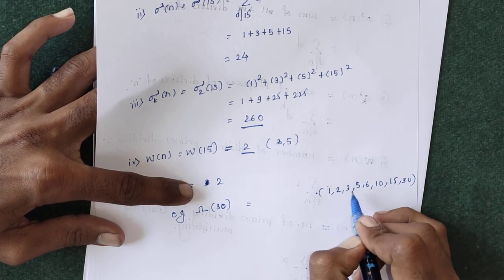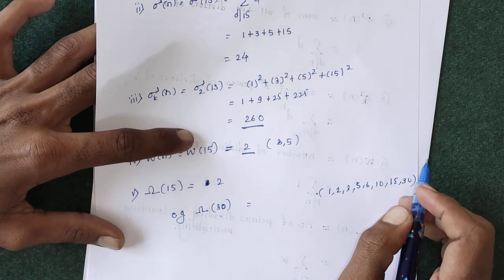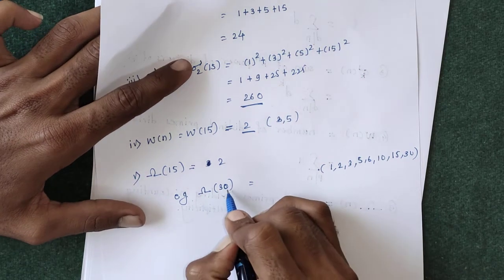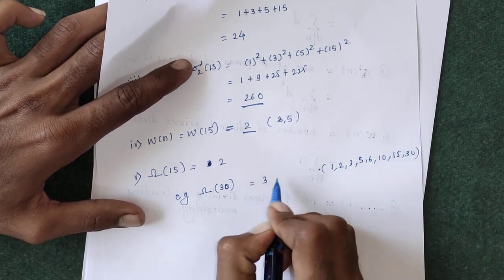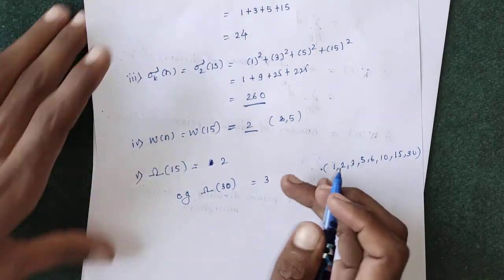So here 2, 3, 5 are the three prime numbers, so big omega of 30 becomes 3, since 2, 3, 5 are the three primes which divide 30.